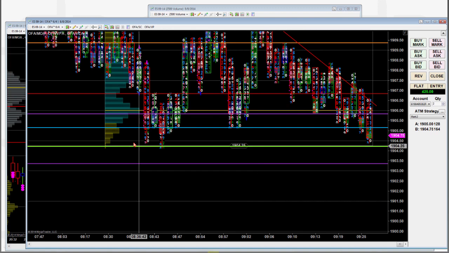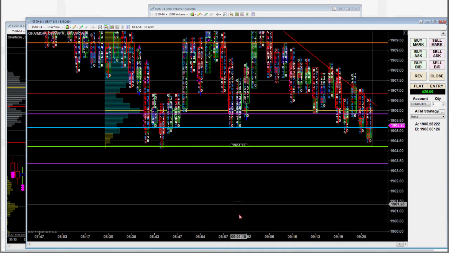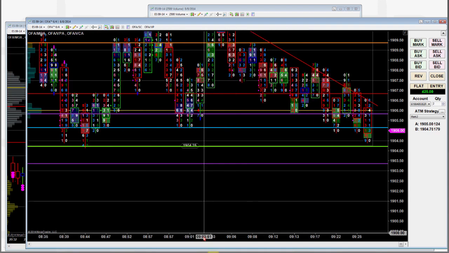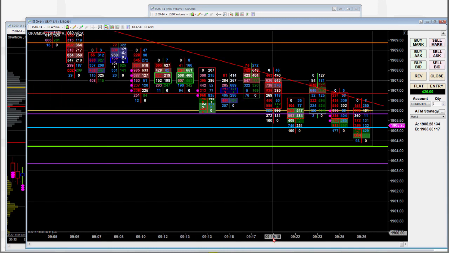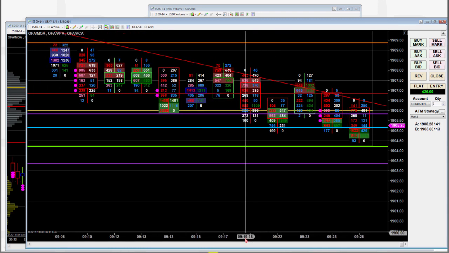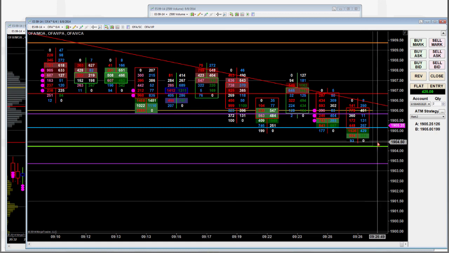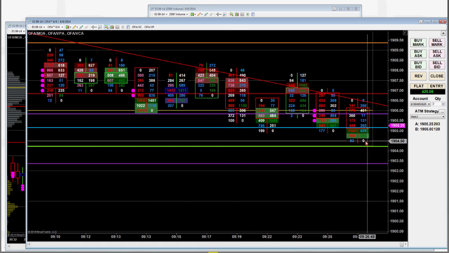So watch this profile down here. Remember when I said that you've got to be careful if this thing starts ticking right in front of IB being set. IB is about 2.5 minutes away.